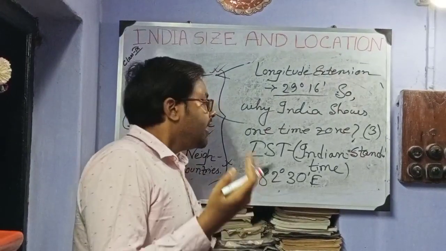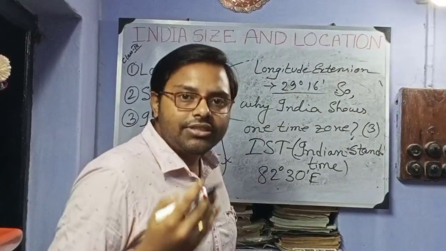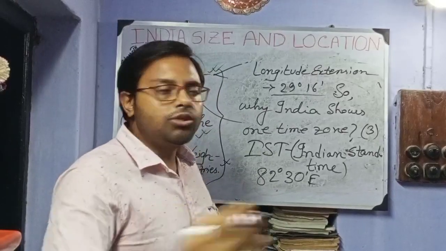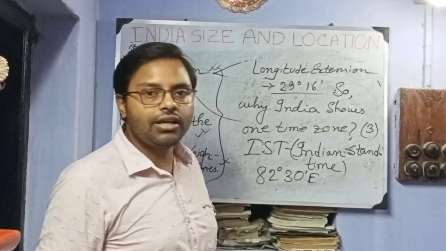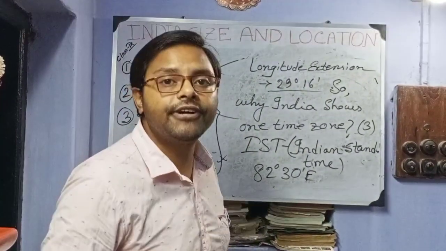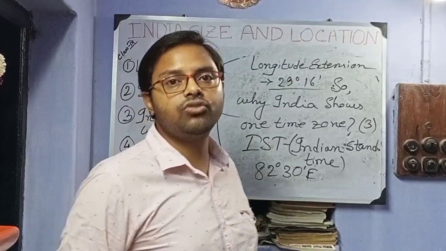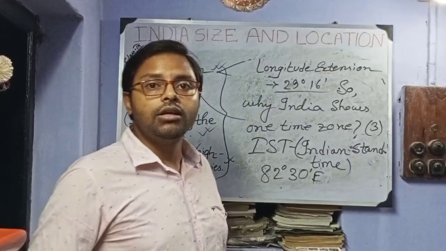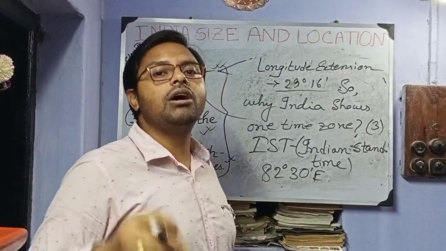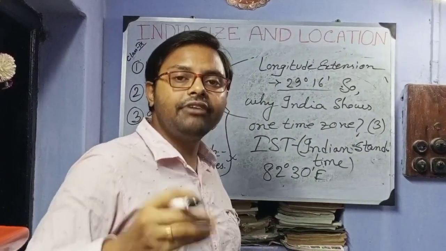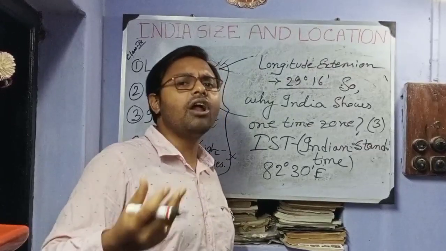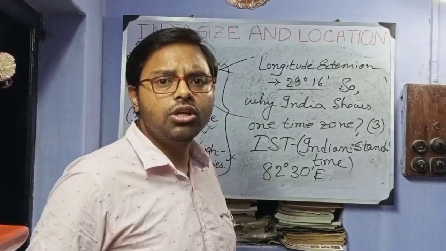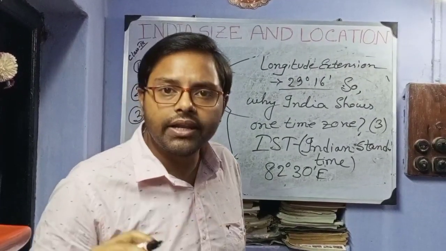If India divided its time into zones due to the longitudinal extension, then the time would vary from state to state. Then what will happen? The official works may be hampered, and with different time zones, nothing will continue equally in India.